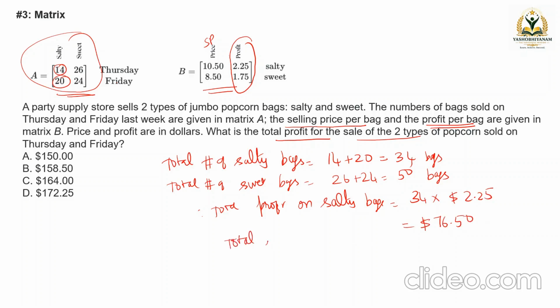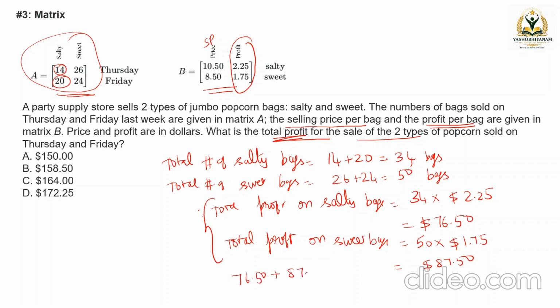Similarly, the total profit on sweet bags is 50 times dollars 1.75, which is equal to dollar 87.50. Doing the math is much easier because calculators are permitted in ACT. The question is asking about the total profit. That will be the sum of these two, 76.50 plus 87.50, which is 164.00. This would be the final answer, and this has to be in the options.